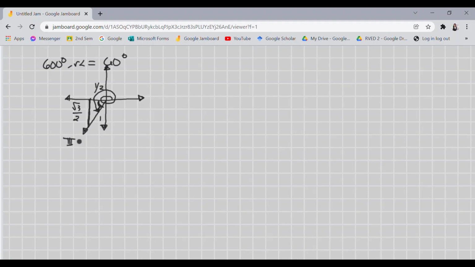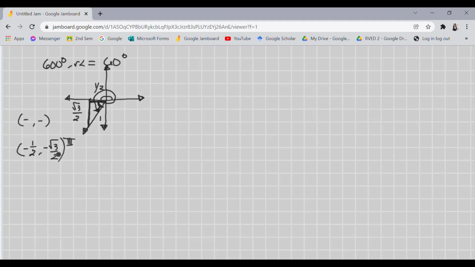We know that the sign of the coordinates will be negative, negative. So, your coordinate here will be negative 1/2 kasi yun yung nasa x, di ba? And then, yung kaparallel ng y is negative square root of 3 over 2. That is your coordinate. So, how did we do that?